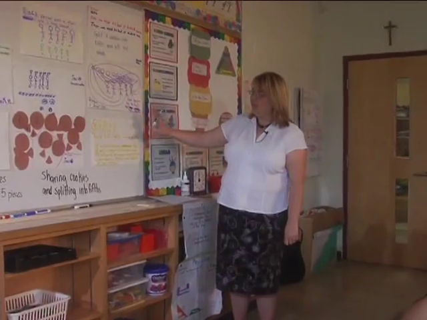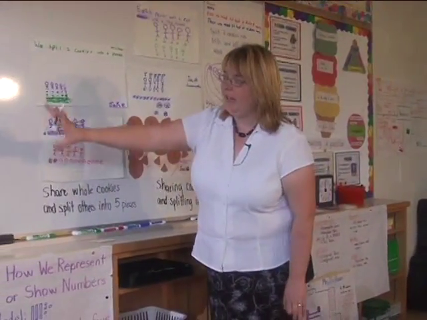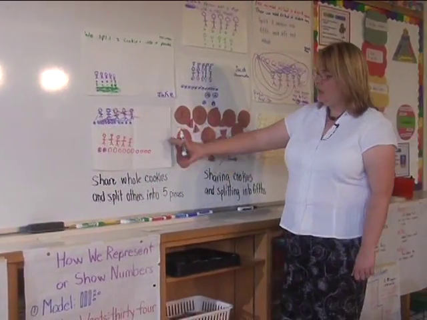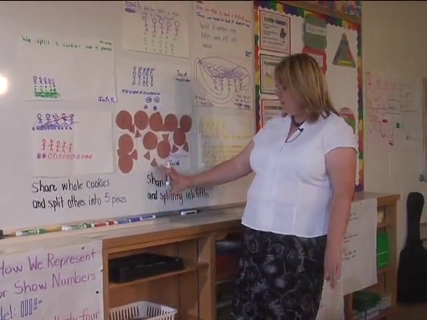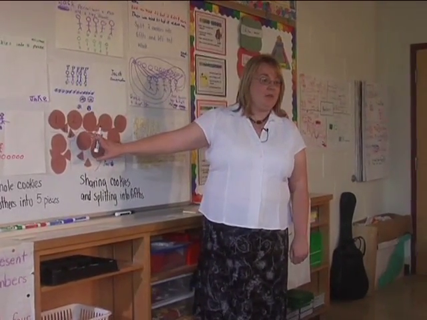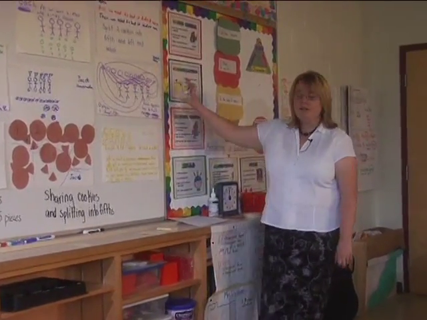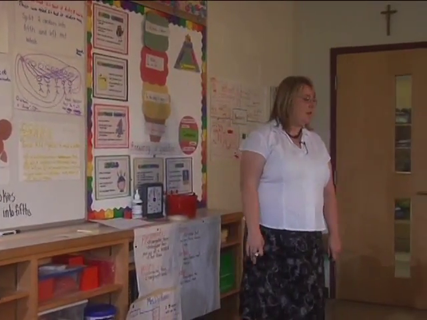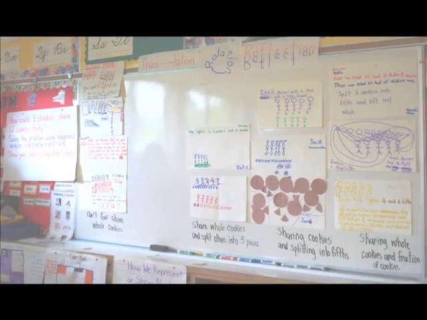What did they do that was a little different than any of the other 2? Remember, can't fair share whole cookies, sharing whole cookies and splitting the others into 5 pieces, sharing cookies and splitting it into, we're using more math language now, we're saying splitting it into fifths. What did this final group do that was a little different again? They used 2 wholes and 2 fifths.